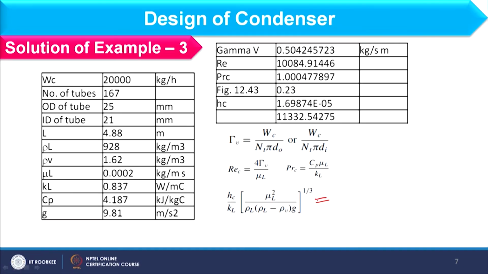Now, this value we have seen from the graph is coming out as 0.23. After solving this, you can find out the HC value, which should come out as 11332.54. So, in this way we can find out the heat transfer coefficient on the tube side considering the graphical approach.